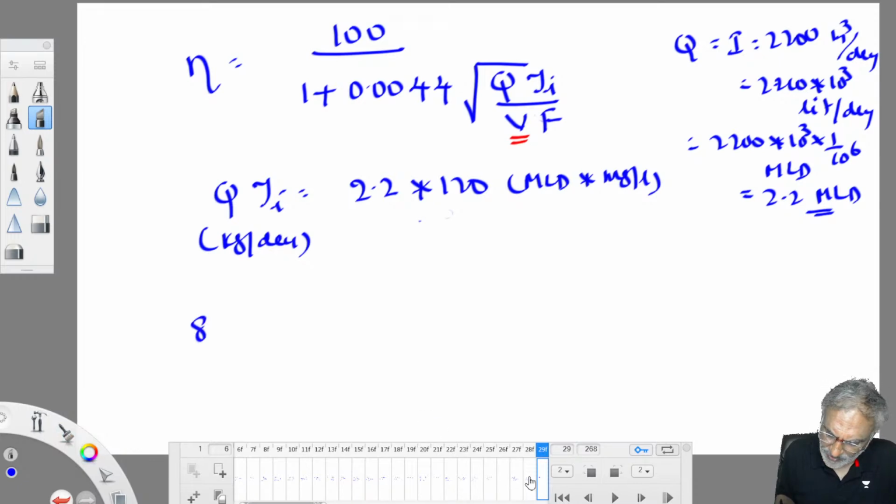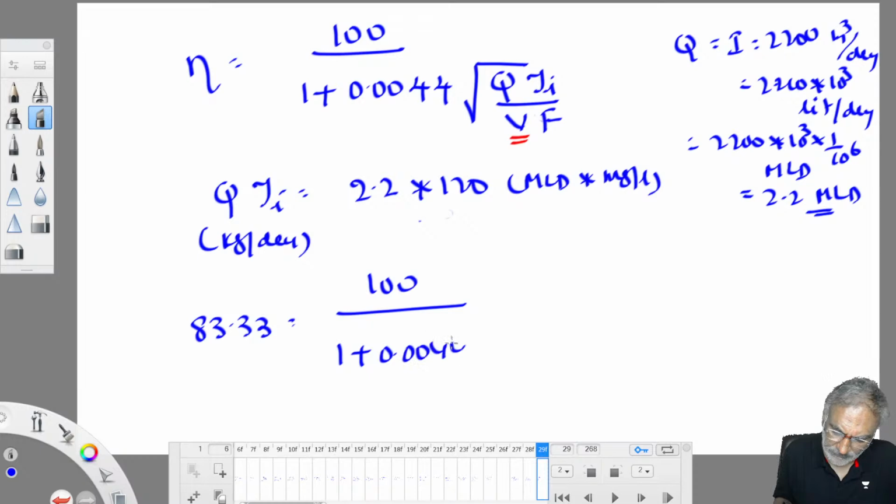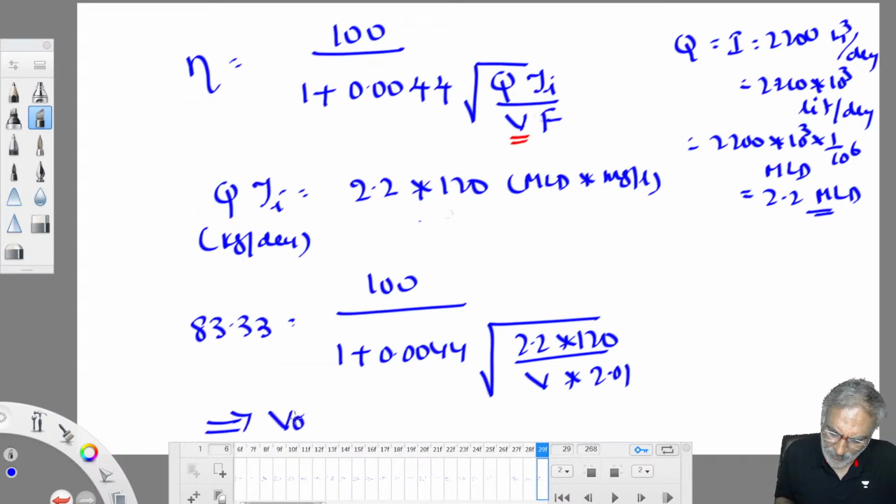We already got efficiency 83.33 is equal to 100 by Q into Yi is 2.2 into 120 by volume in hectometer. F value we got already, 2.01. So from this you can find out the volume of trickling filter.